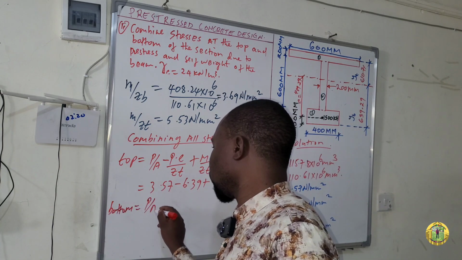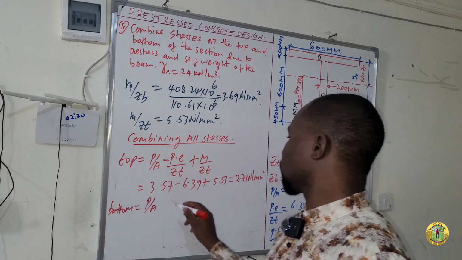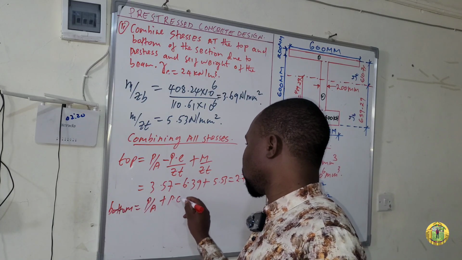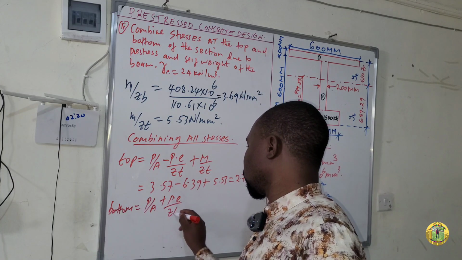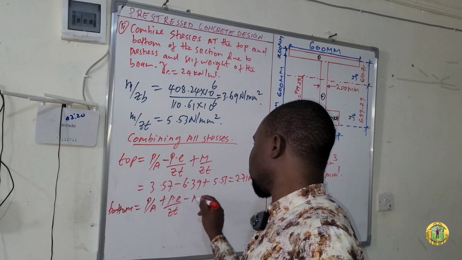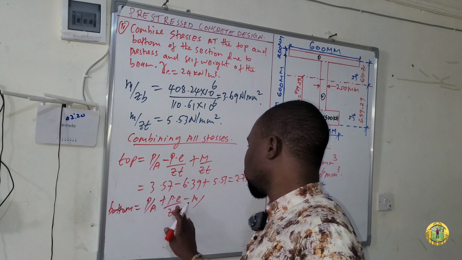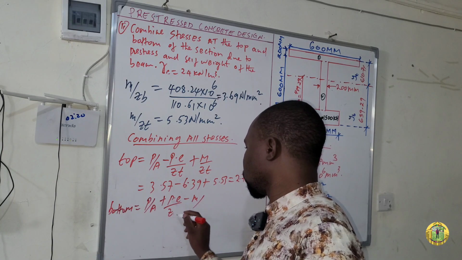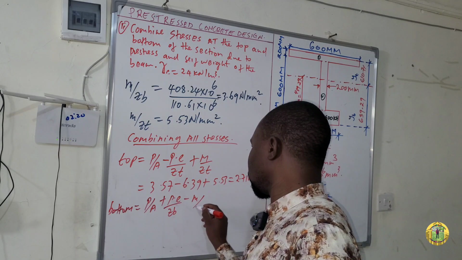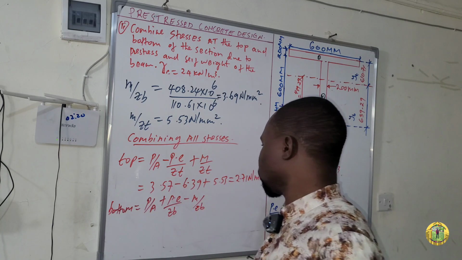And then we come to the bottom. Bottom will be P over A, which is always positive, plus PE over Z bottom, minus M over Z bottom.